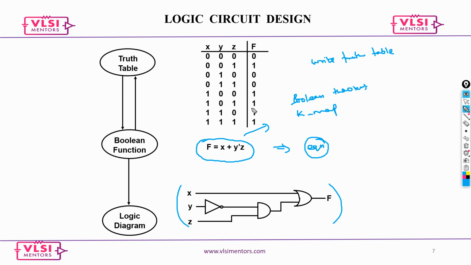Some people, by looking at this, don't follow either Boolean theorems or K-map, and they try to come up with things on their own. Mainly, when you come up with a process and then follow it, your output will be consistent. Why I'm telling you this: when you are going for written tests in companies, you tend to be smart, but you might make silly mistakes and choose a wrong answer.